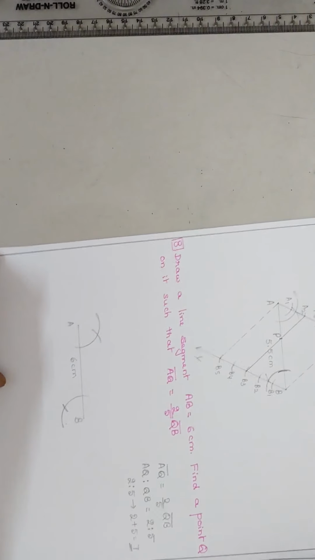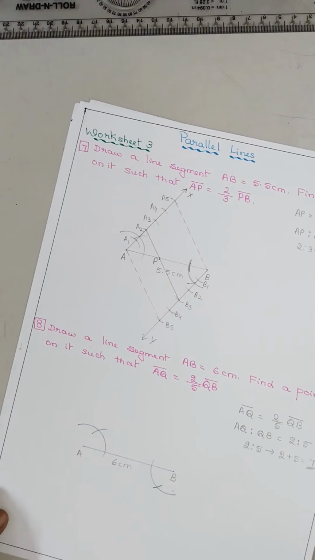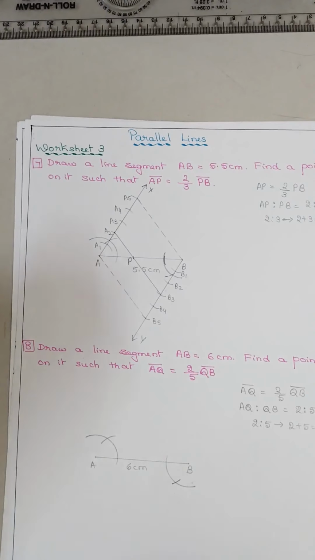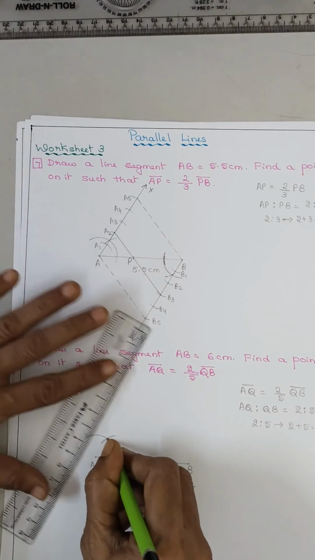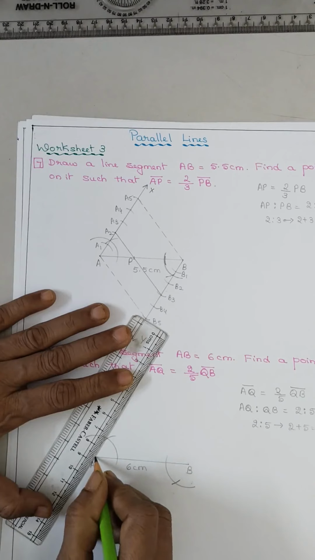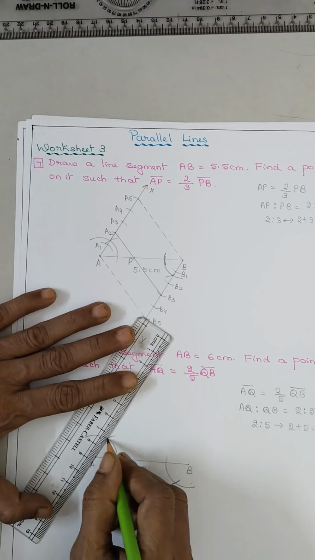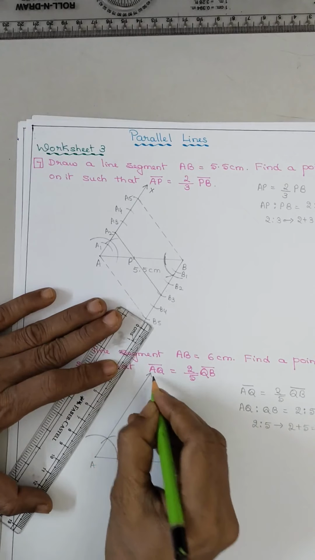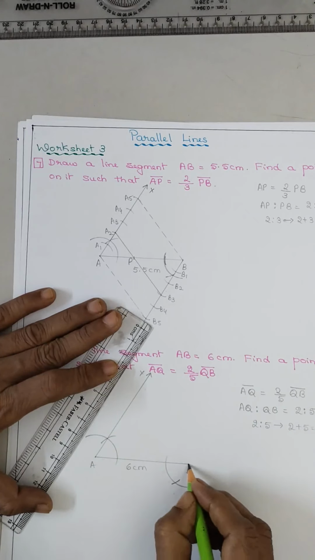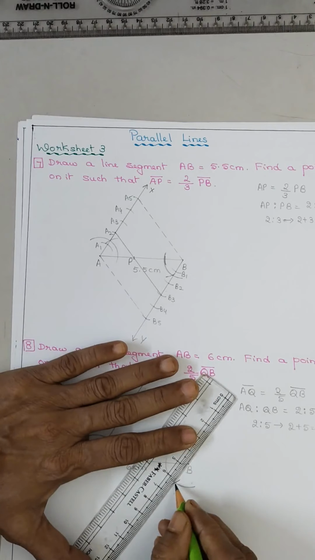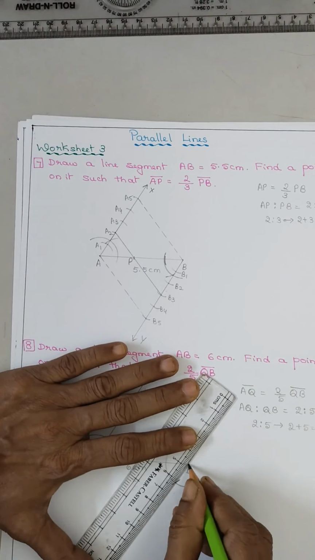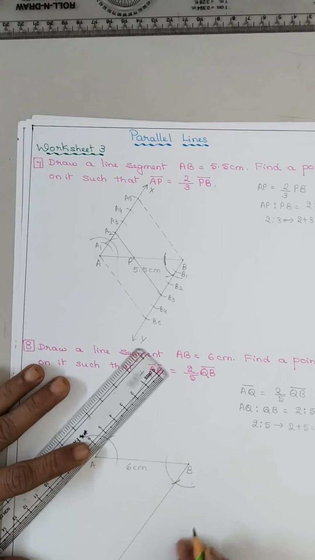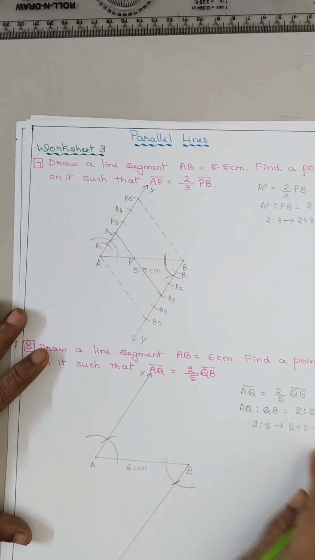Now join the points: A and the point, that is AX. Now B and the point, that is BY.